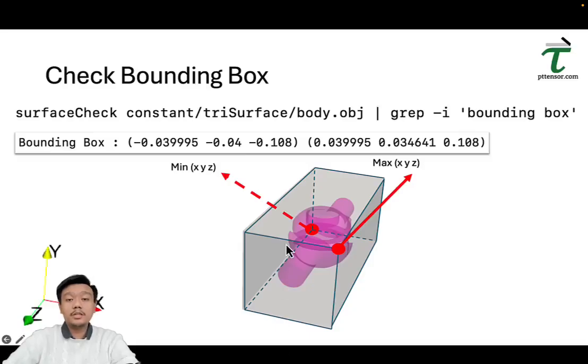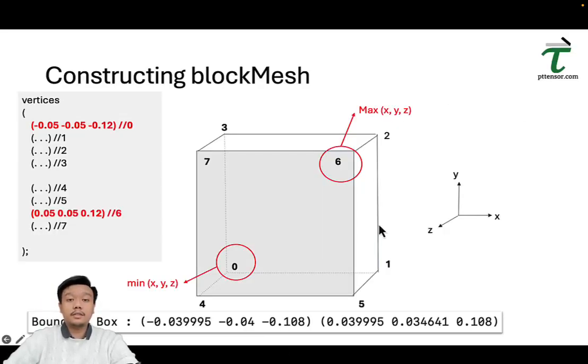For simple blockMesh, extreme coordinates are vertex 0 and vertex 6. Input slightly different bounding box coordinates to ensure our STL geometries are inside it.